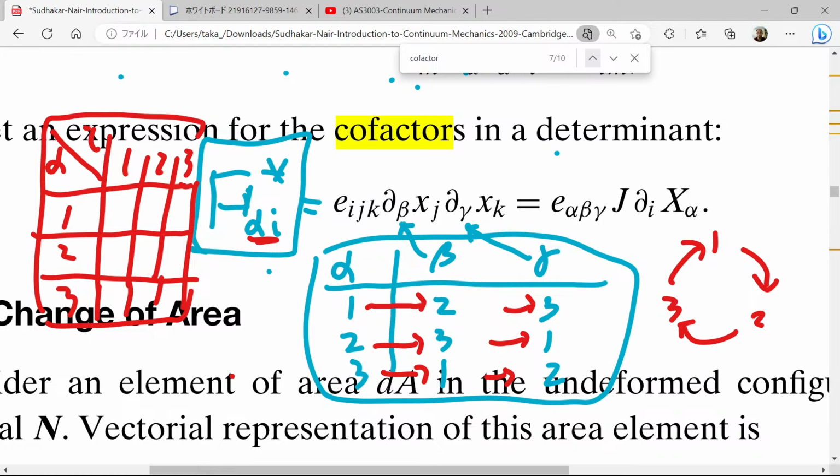Then I can be anything. I can be anything. And J is a summation. J and K are summations. So for J, K, you have to consider all combinations.